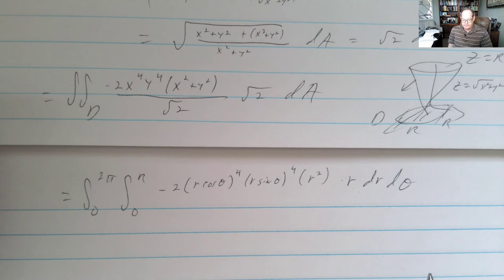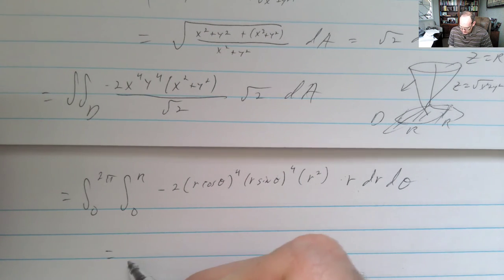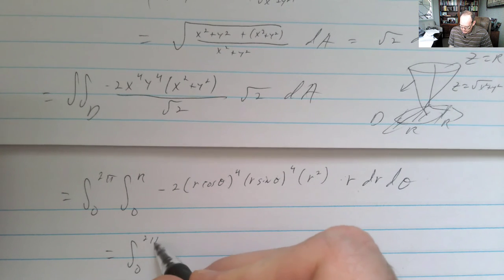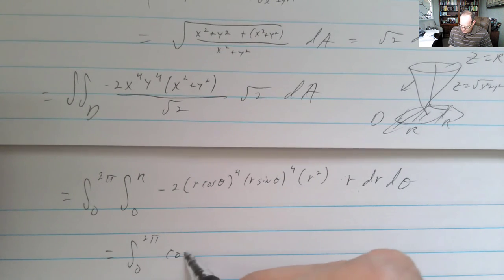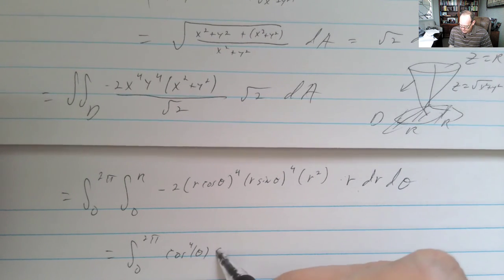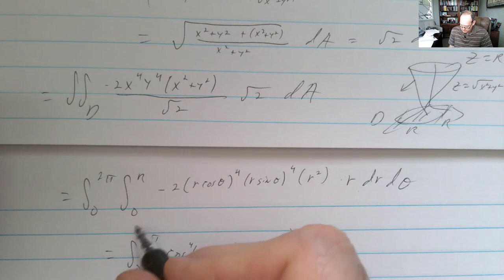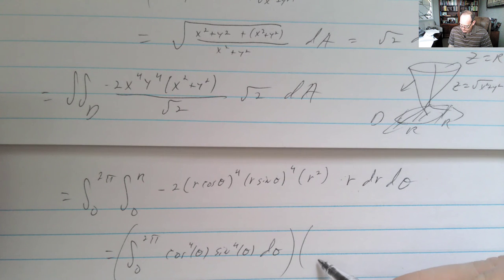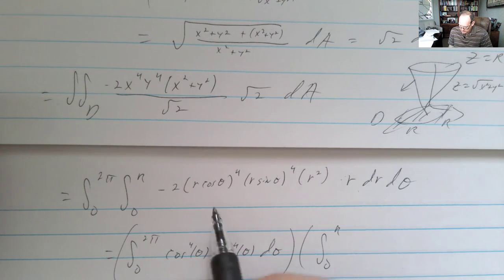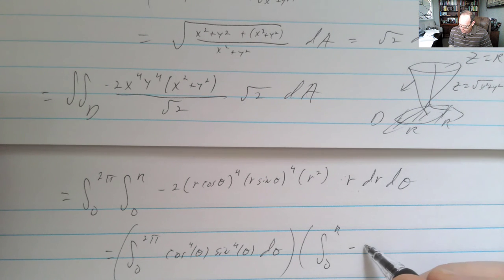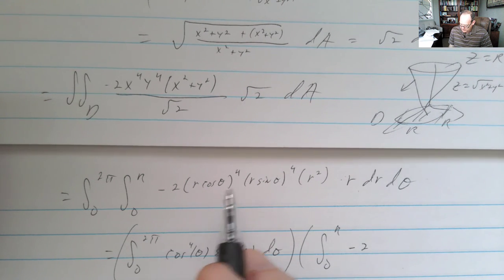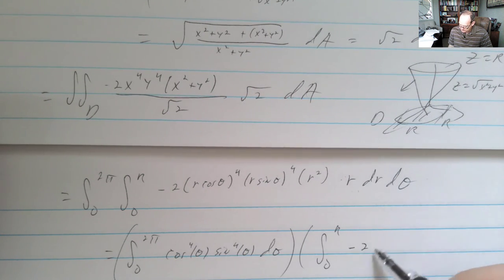And we can actually write this as a product, so this will equal 0 to 2 pi cosine to the fourth sine to the fourth, and then this will be 0 to r. What do I've got? I've got the negative 2 somewhere. I'll keep it here, I guess. Negative 2 r to the 8, 10, 11.